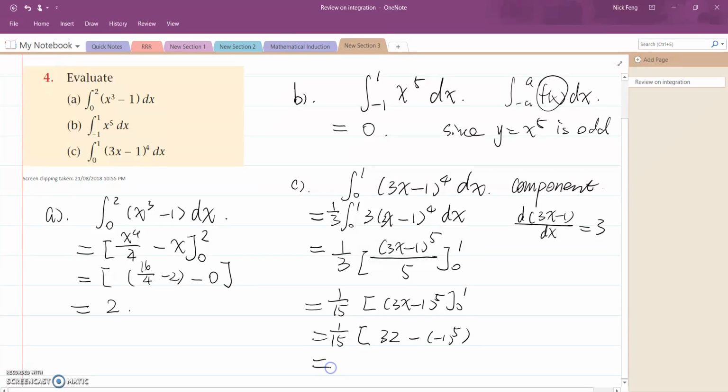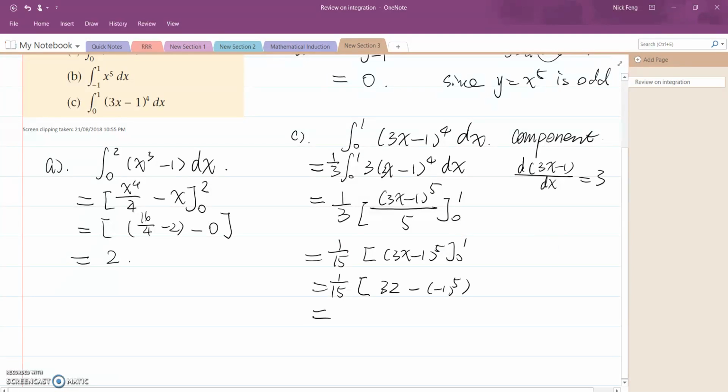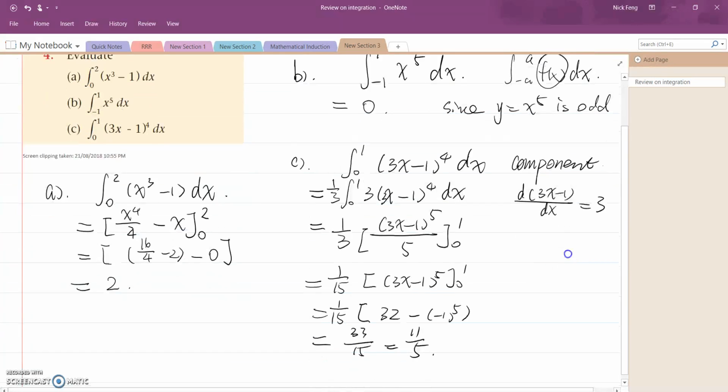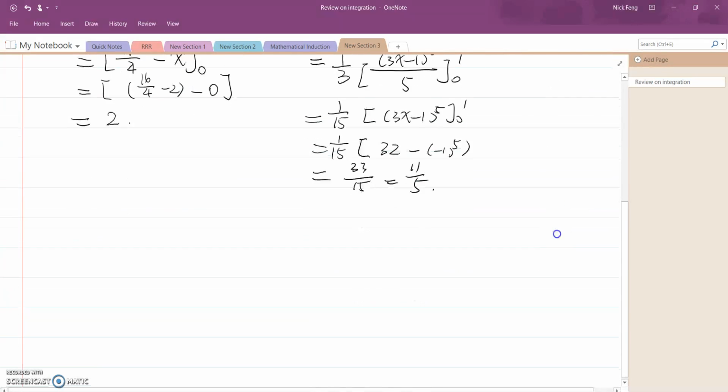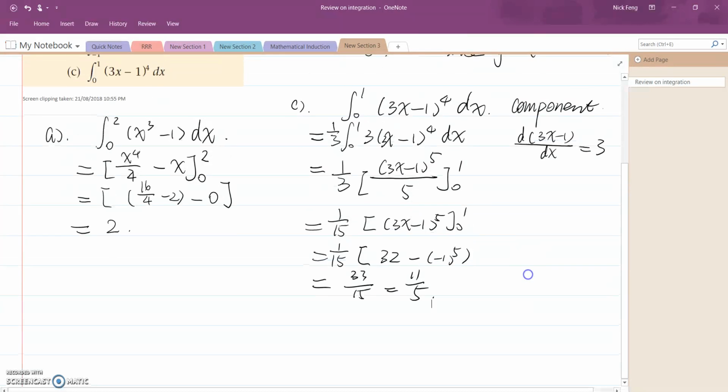That is 33 over 15, which is 11 on 5. Okay, so a few different techniques we have done in question 4. So some property and including the general way of doing this kind of question.